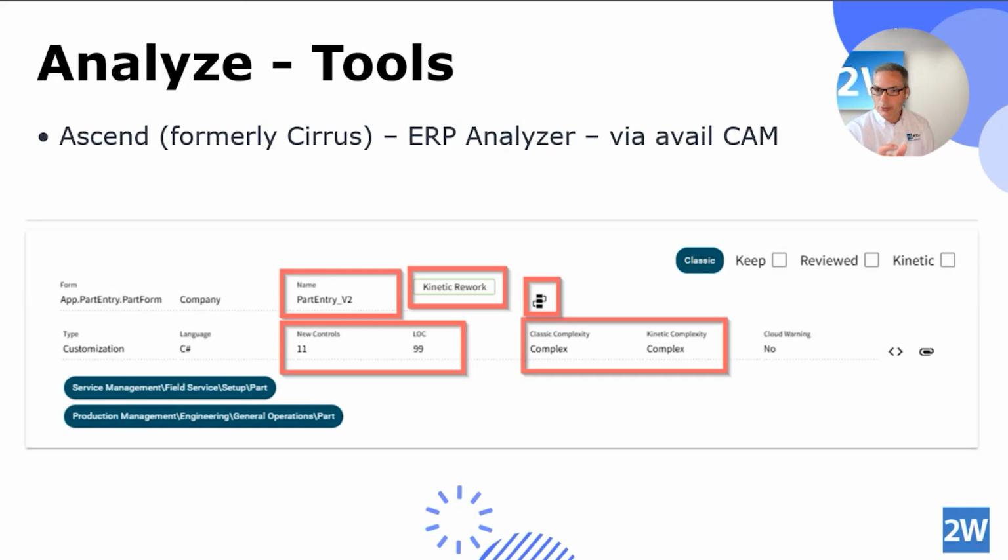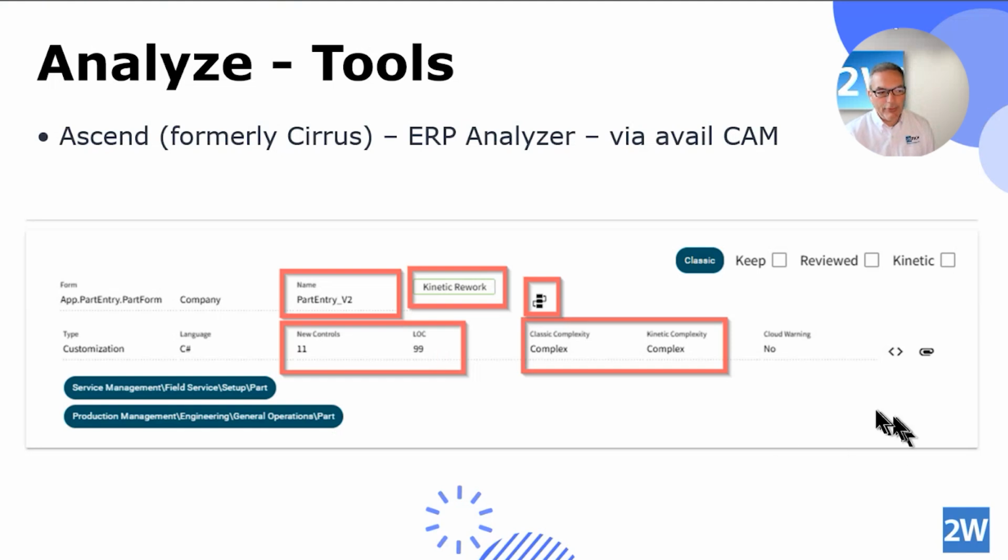So a field is a control, a label is a control, a button is a control, and there's many other types of controls. But the bottom line is this is telling me there's 11 custom objects on the screen. And this LOC tells me there's actually 99 lines of code associated with this screen. And we'll go look at that in just a moment.